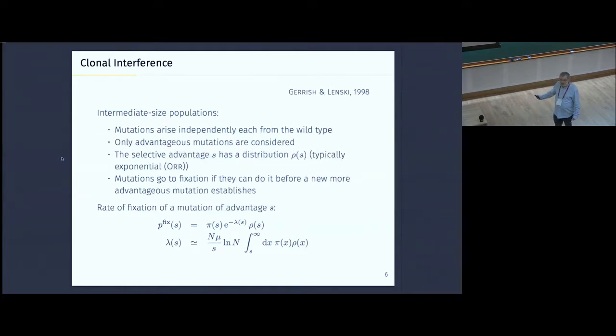And this pi is the probability that this guy goes to fixation. And when I do that, I don't take into account the fact there might be other variants going around. So in this sense, it is a sort of first-order approximation. We are just looking at the fight between variants two at a time.